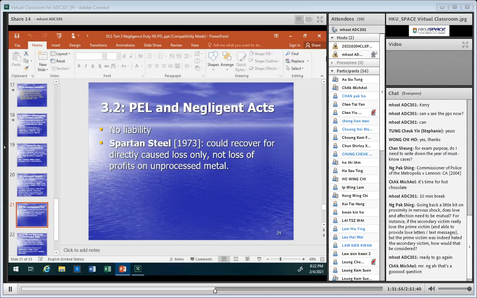But on page 82 in Spartan Steel, there was loss of electricity, and that caused loss to somebody in the business of processing metal. The electricity supply was suspended for 14 and a half hours. Molten metal was being processed in the furnace when the electricity supply was suspended. In order to avoid damaging the furnace when the molten metal solidified, the plaintiff had to discard the molten metal altogether.